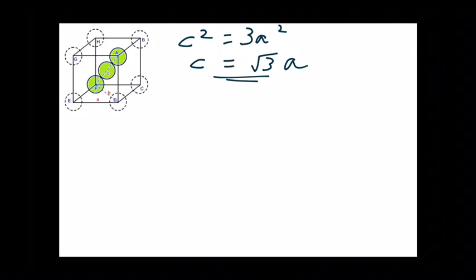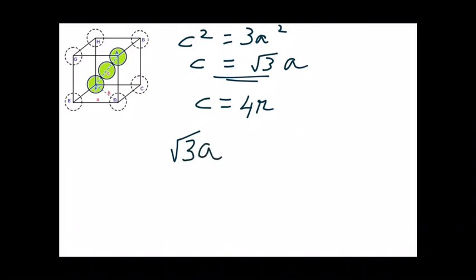Now from the diagram, you look at the body diagonal AF or C. C can be written as 4R from the radius of the three spheres touching each other along the body diagonal. So we have two equations. C is equal to root 3A and C is equal to 4R. We can equate the right hand sides.